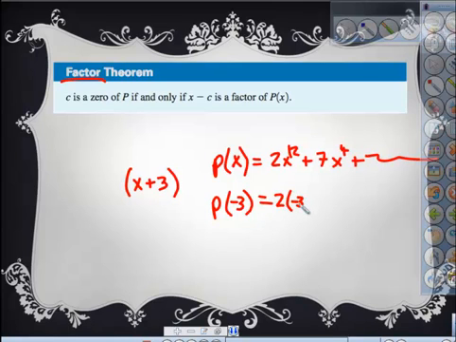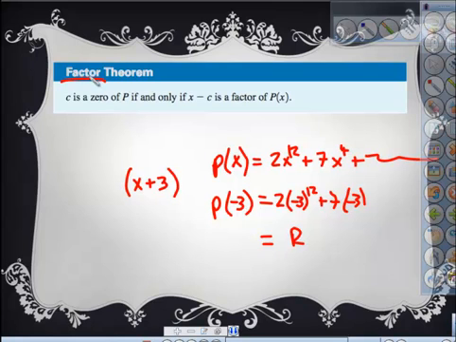So you've got negative 3 to the 12th power, plus 7 times negative 3. Whatever you end up getting on this side is your remainder if you were to try using synthetic division.